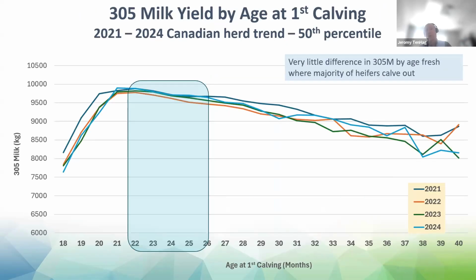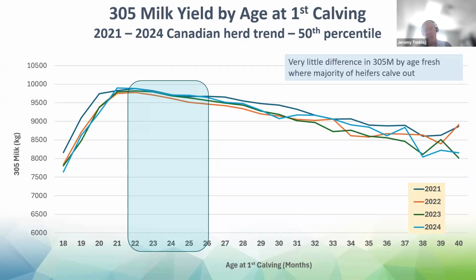But if we look at the trend of 305 milk yield based on age at first calving, and the shaded part here is focusing on where the majority of heifers freshen, there's not a huge difference year over year. That orange line, which is the year 2022, sticks out a little wee bit in the shaded area, but look at the scale on the y-axis there, it's not a huge difference.